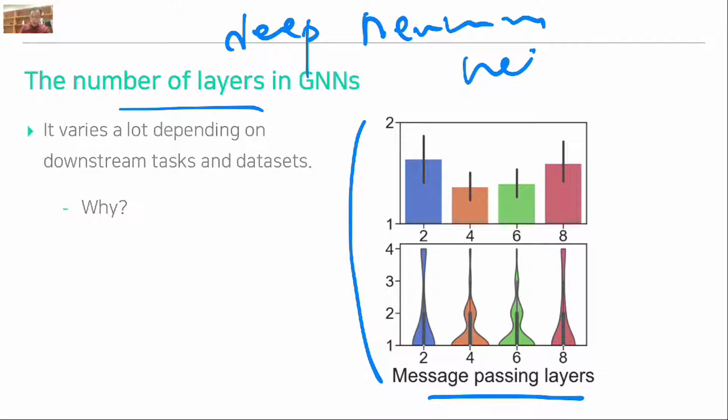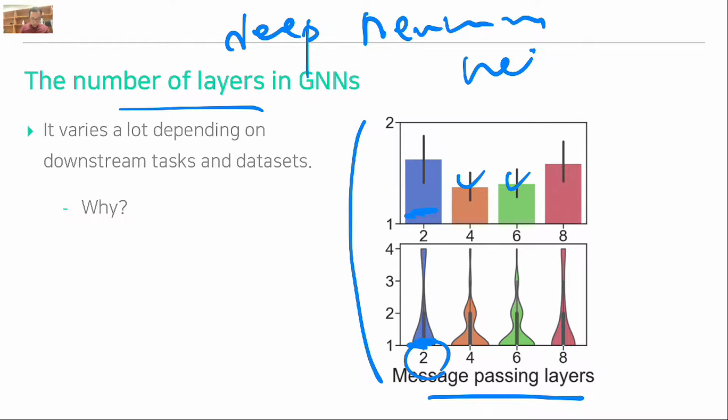That's why we call it deep neural network and deep learning. But in this case, GNNs are not deep, right? Because often we observe 4 and 6. We're still observing some results at two message passing layers.